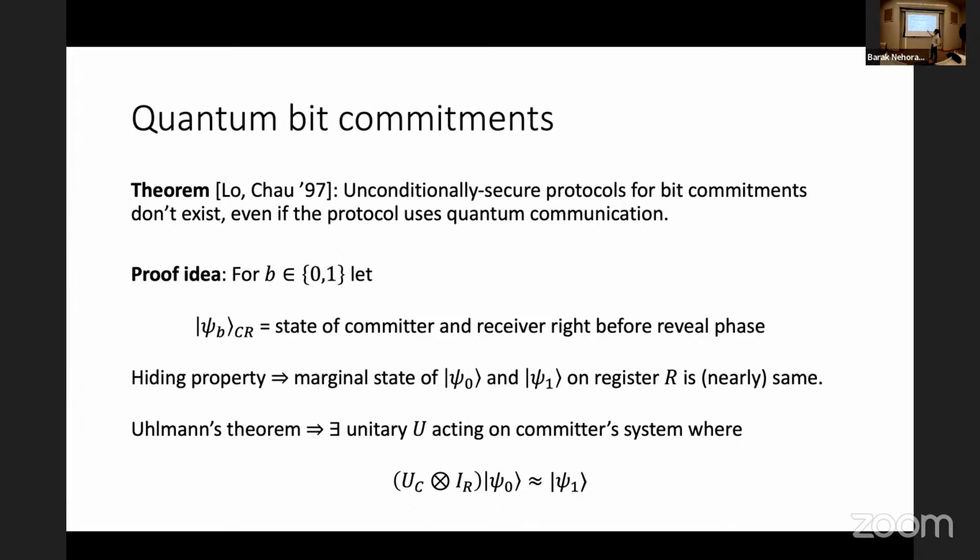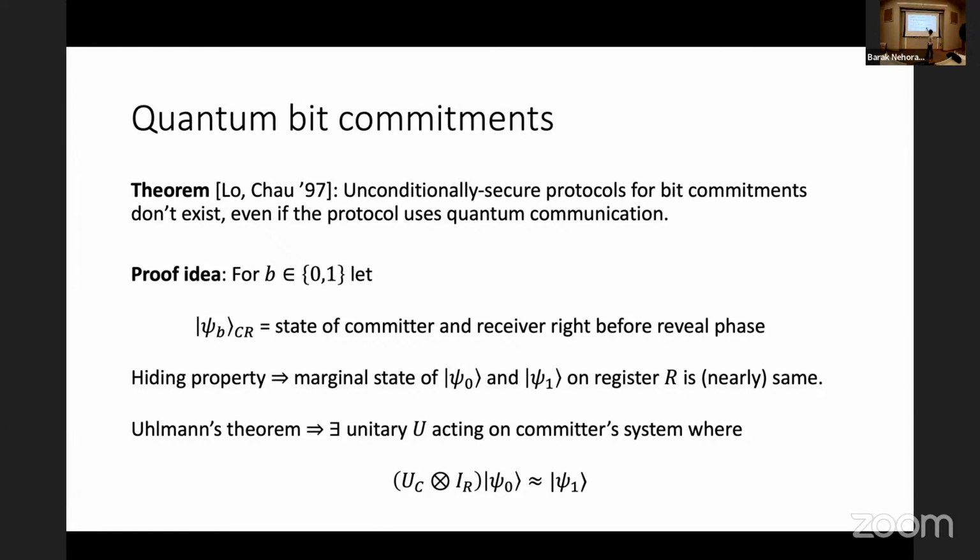They say, suppose that you had a quantum bit commitment scheme. So there are two phases, the commitment and reveal phase. Let's look at the state of the committer and receiver right before the reveal phase. They've maybe exchanged qubits or something. The state of the whole system can be described by psi_b, where b is the bit that the committer wanted to commit to.